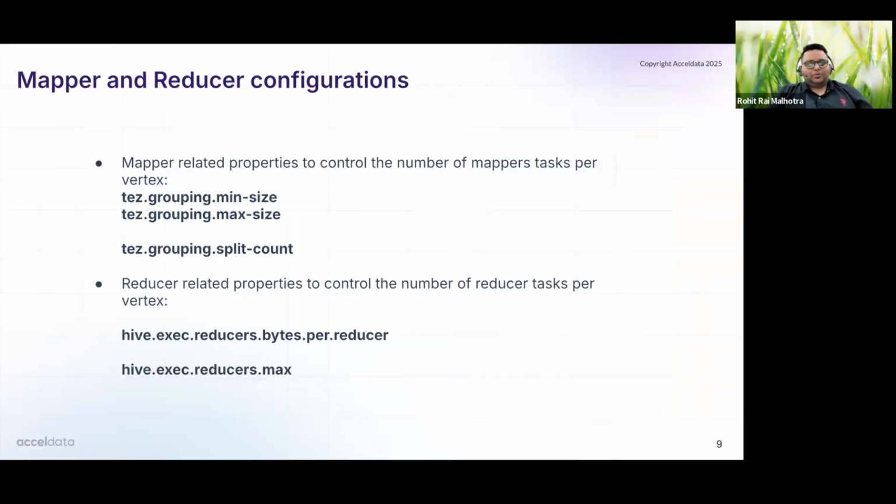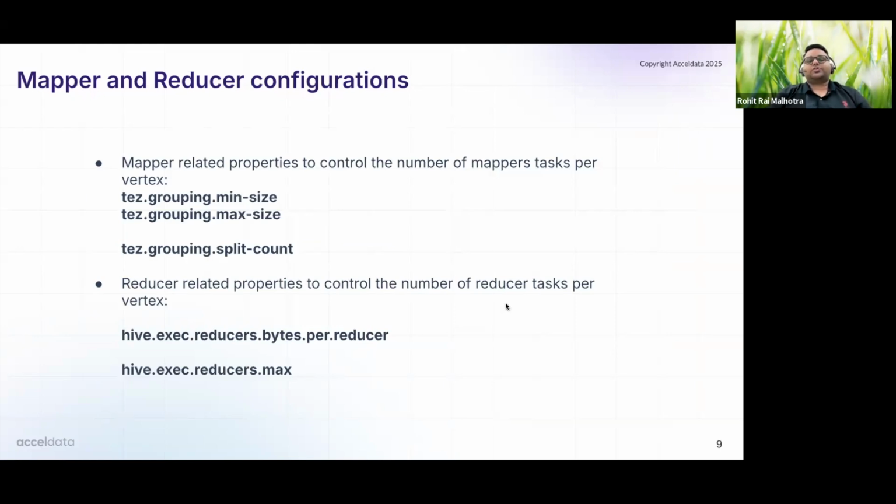The main thing to manage YARN resources for a query run is to manage the number of mappers and reducers. We'll come to sizing of the mappers and reducers later on, but in this section we'll focus on how to manage the number of mapper tasks per mapper vertex, and reducer tasks per reducer vertex.